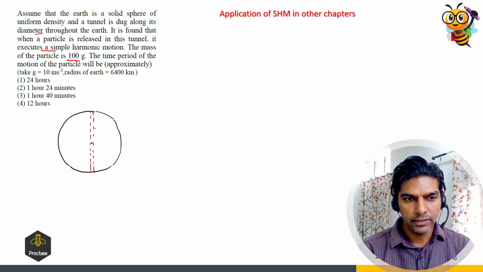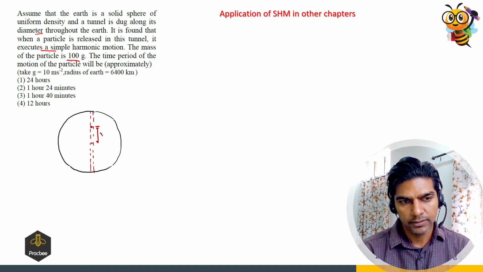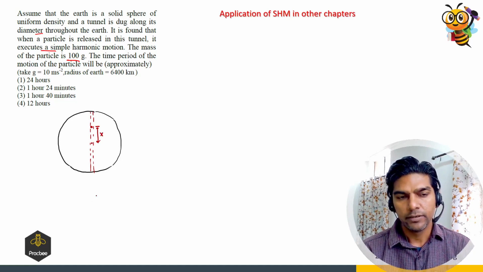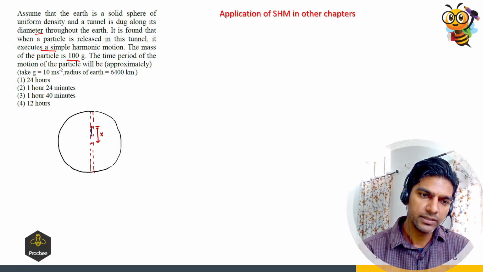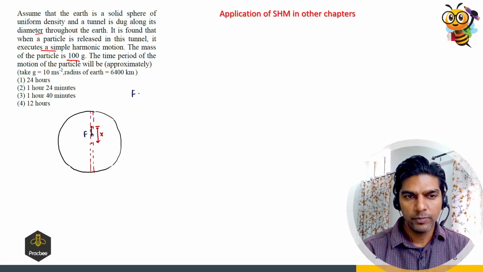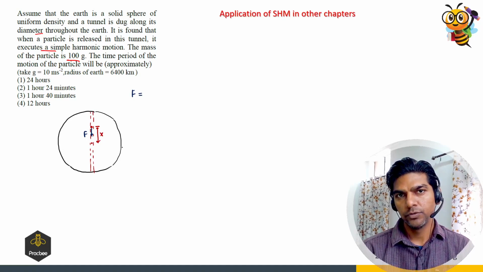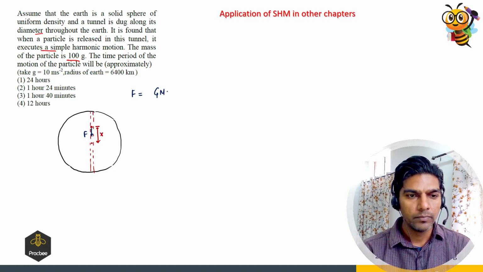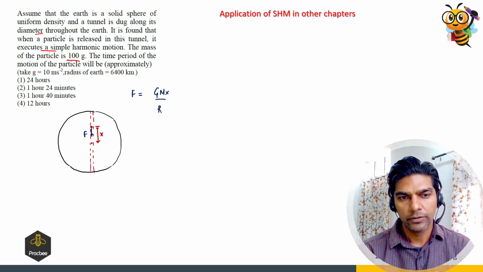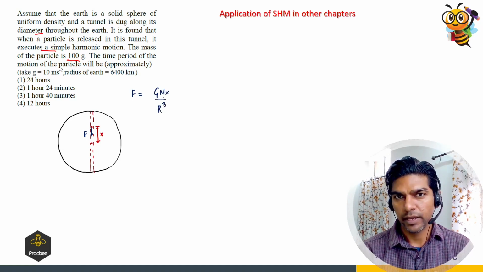Okay, right. So let us say when the particle is at a distance x from the center of the earth, let us find the force experienced by this particle. Let us say force is F. Now this F will be given as, the gravitational field at a distance x will be given as GMx divided by R cubed, where R is the radius of the earth, M is the mass of the earth, and x is the distance from the center.